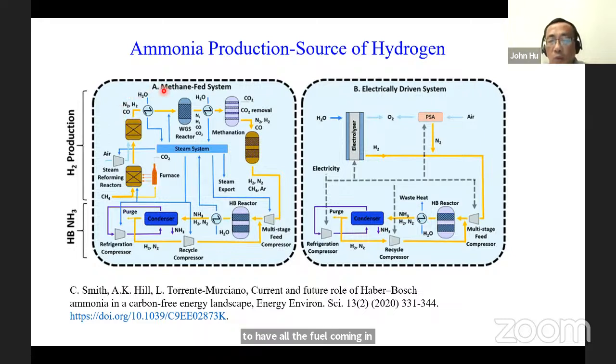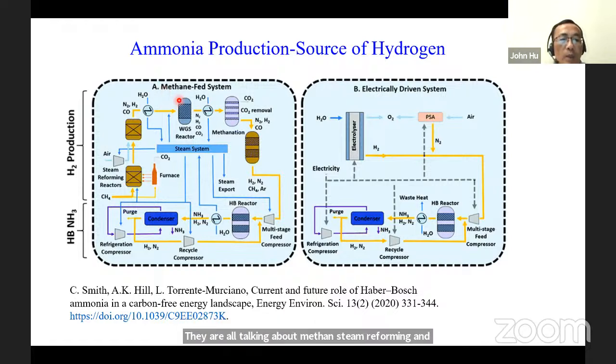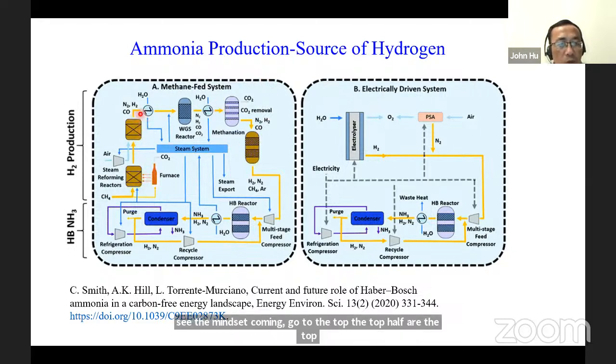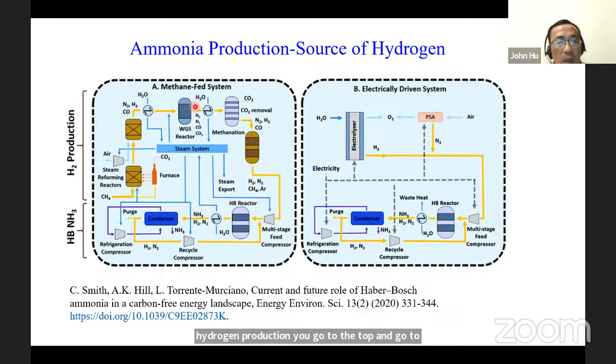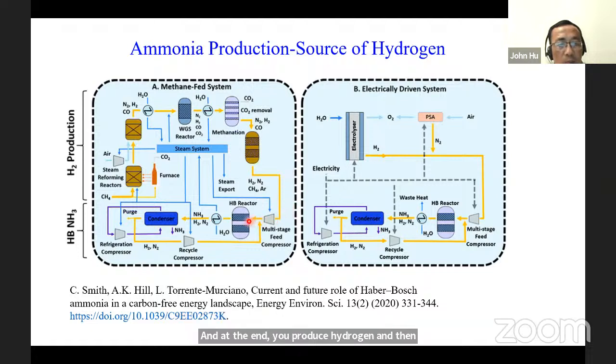By the way, in the United States, they are all talking about methane steam reforming to make hydrogen, and then you do the air separation. You see the methane coming in and going to the top. The top half is the hydrogen production. You go through the steam reforming, water gas shift, and at the end, you produce hydrogen. And then the hydrogen compression and feed into the Haber-Bosch reactor.